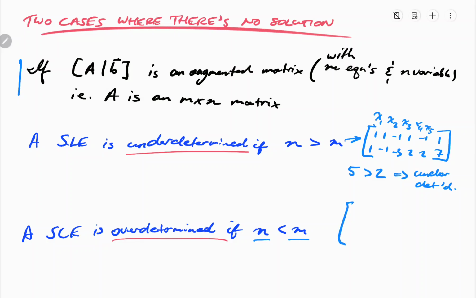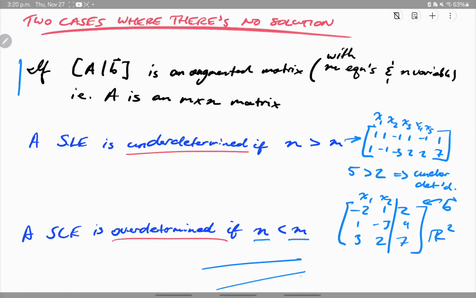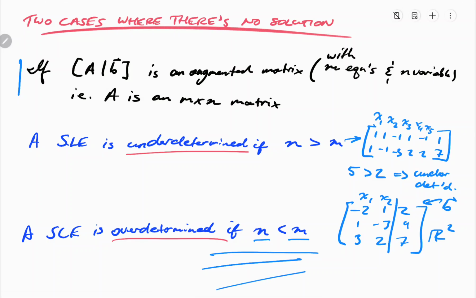Let's say I have a system of linear equations that gave me the augmented matrix -2, 1, 2, 1, -3, 4, 3, 2, and 7, with this being the constant vector, and I only had 2 variables. Oftentimes you would have no solution for this, because this is in R2, so this is basically looking at 3 lines, and most of the time 3 lines don't really intersect.